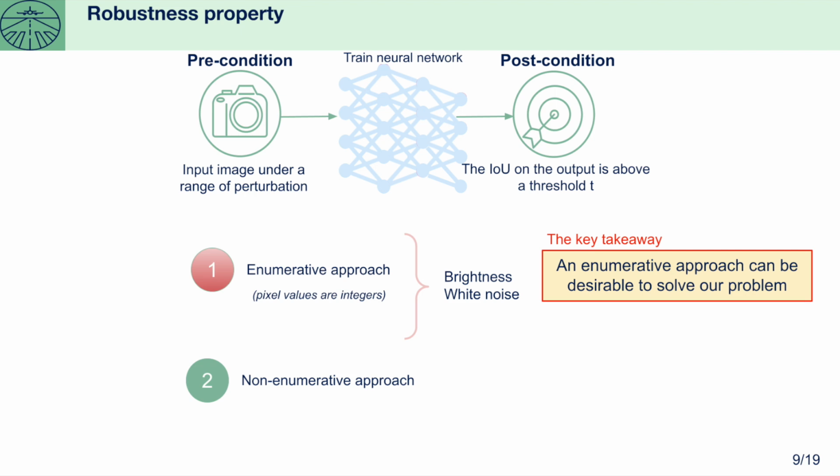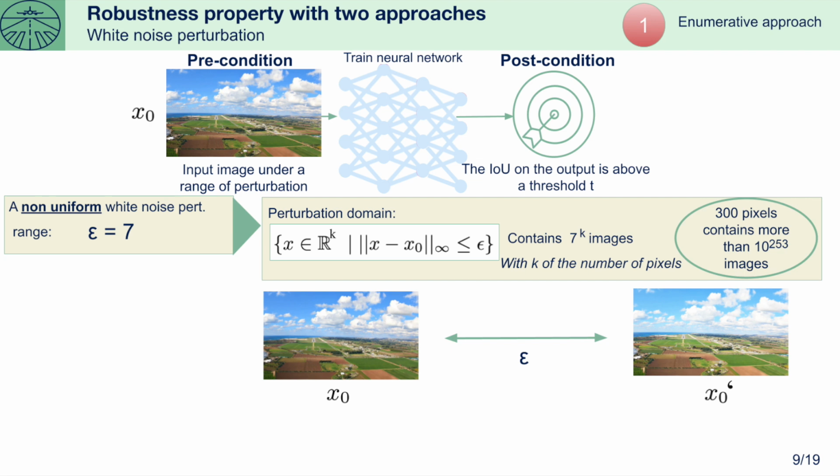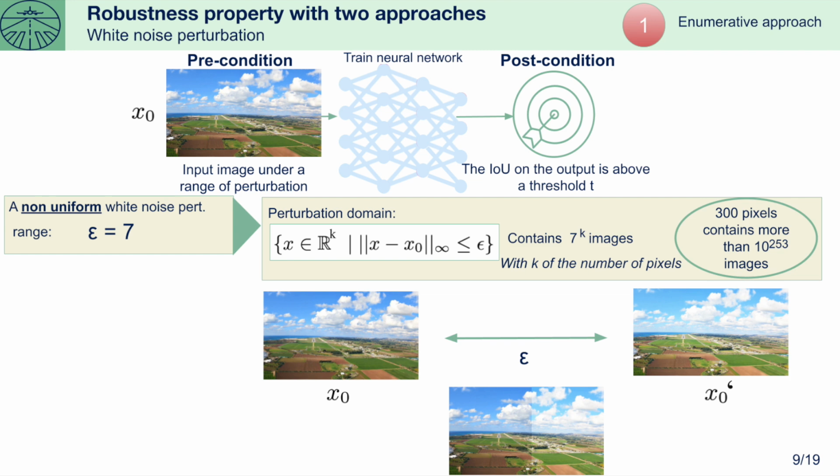But let's consider another perturbation, a white noise perturbation. So we revisit our initial image and apply a non-uniform white noise perturbation defined thanks to the epsilon coefficient equal to 7. The perturbation domain corresponds to all images that are at a distance epsilon from our initial image. And for example, this image is within the perturbation domain.